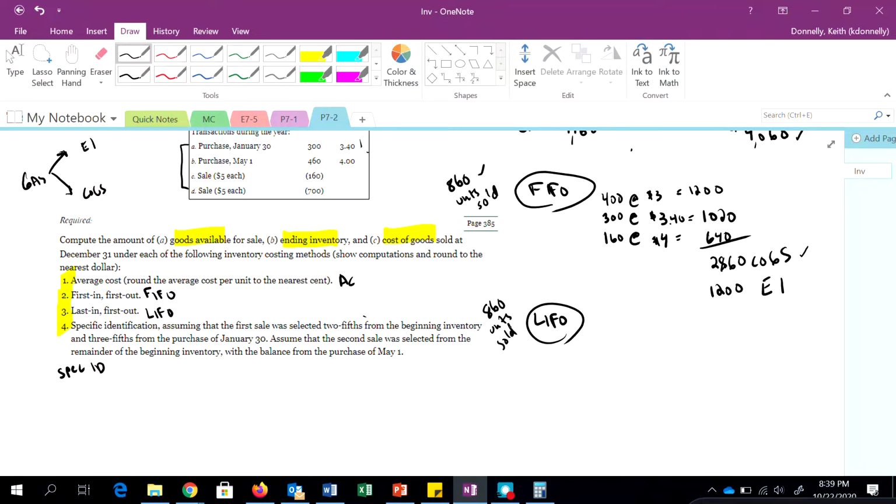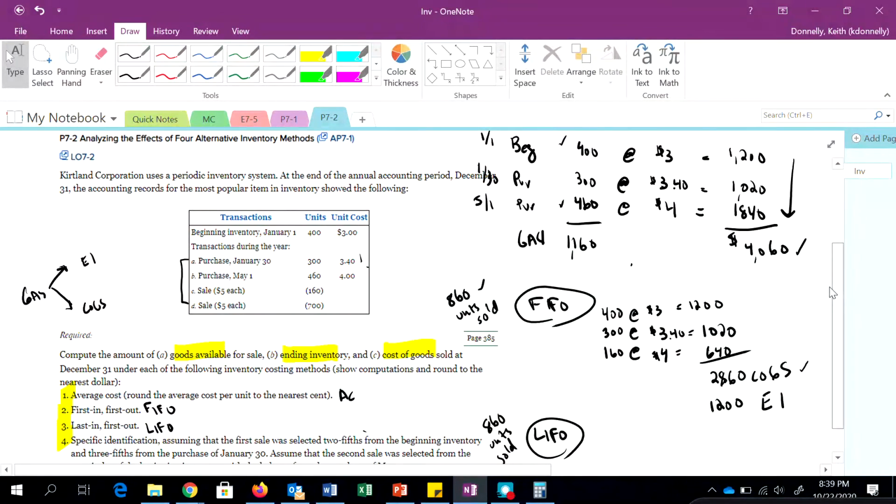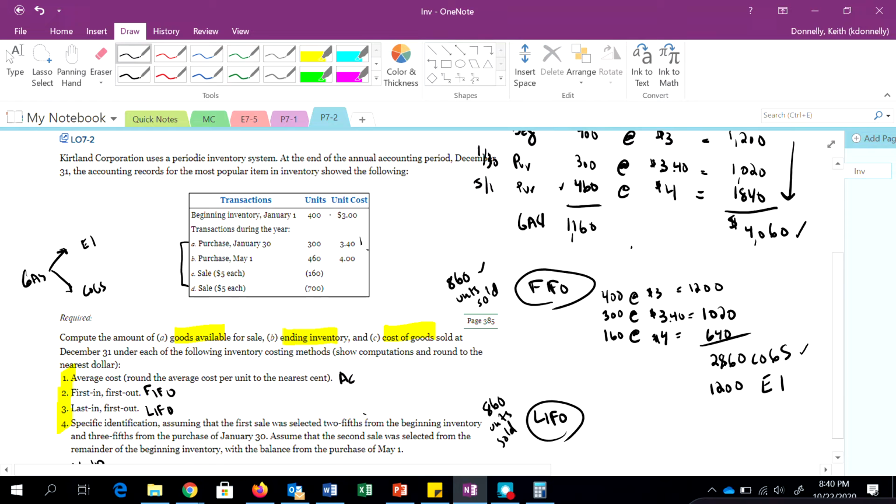So what we're going to do here in this case for LIFO, 100 units, 300, 460. Ending inventory, cost of goods sold. So we got 860 that we're taking care of. So we start at the bottom, LIFO, last place, third place, work our way up. We got to take care of 860.